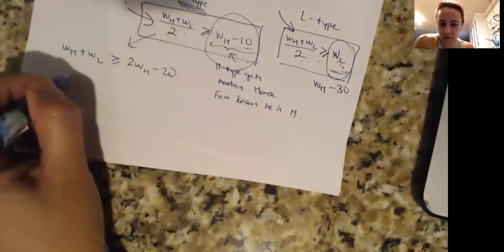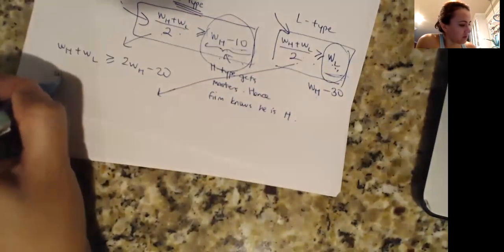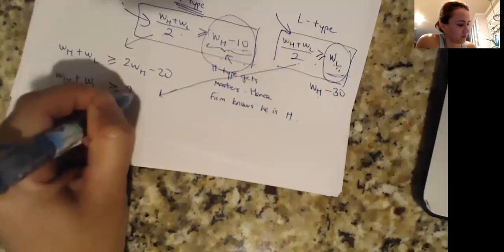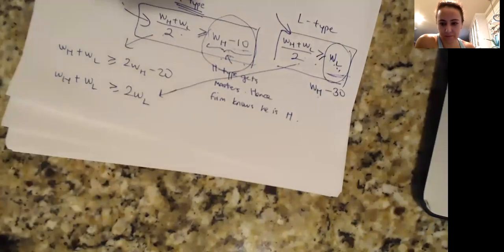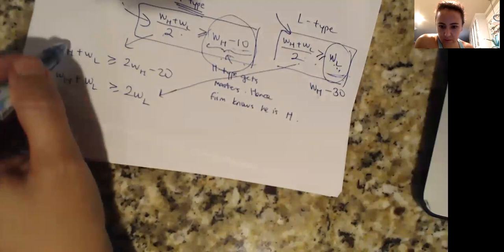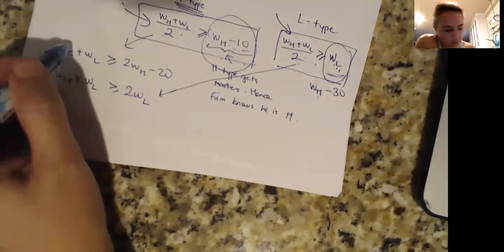The second one, again, I'm multiplying by 2 to get WL.